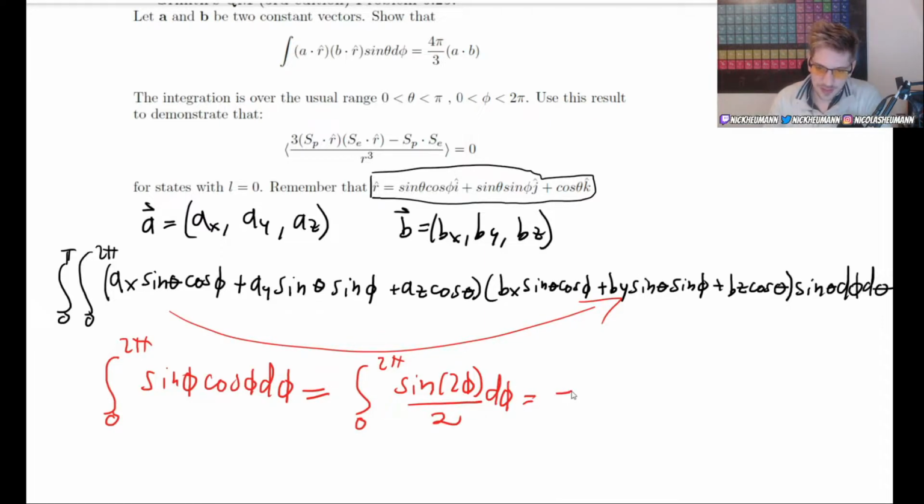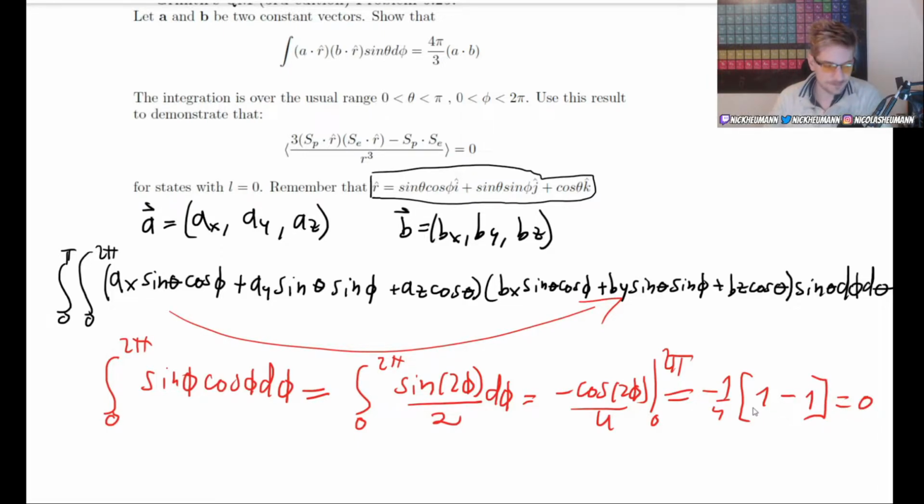And this would be minus cosine of 2 phi over 4 evaluated between 0 and 2 pi. And cosine of 4 pi, so minus 1/4, cosine of 4 pi is 1, cosine of 0 is also 1. So this thing is 0.